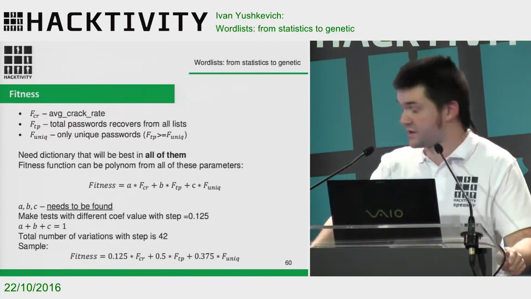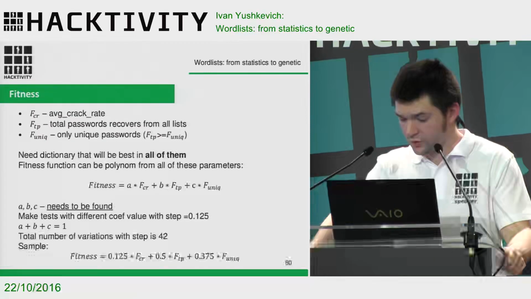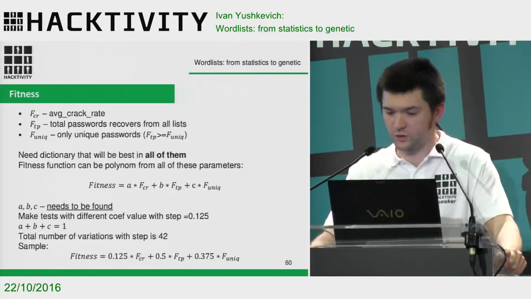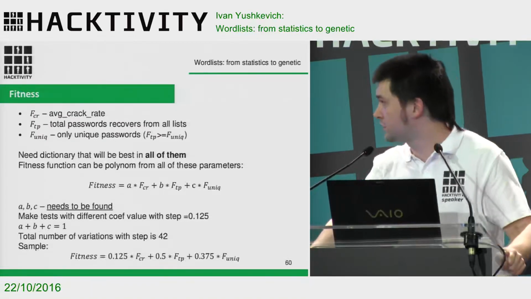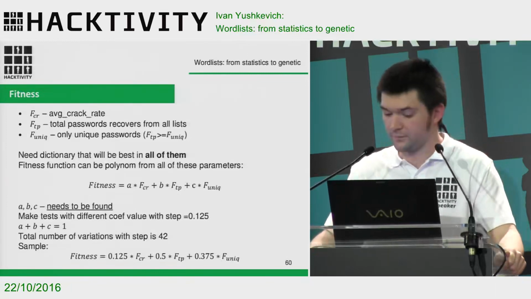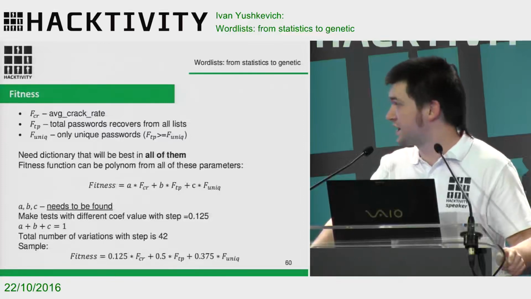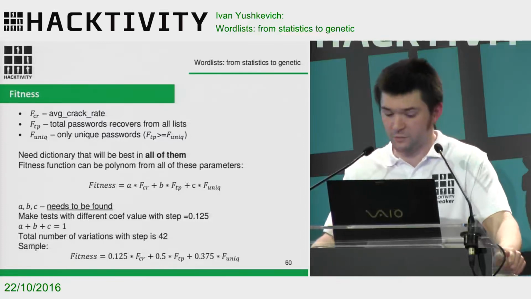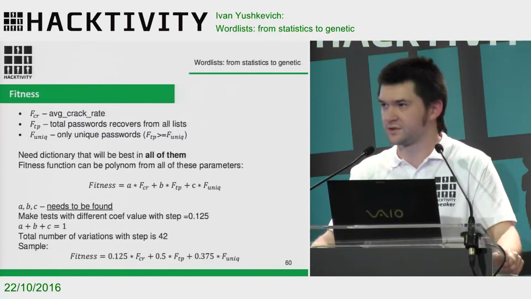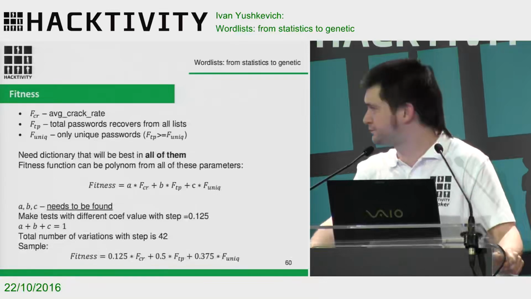One option is that the sum of these coefficients must be 1, which was made to make the calculation more convenient. So I need to find these coefficients. I chose a step of 0.125 and got a total number of variations of 42.